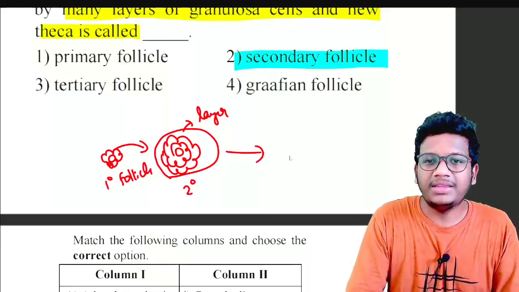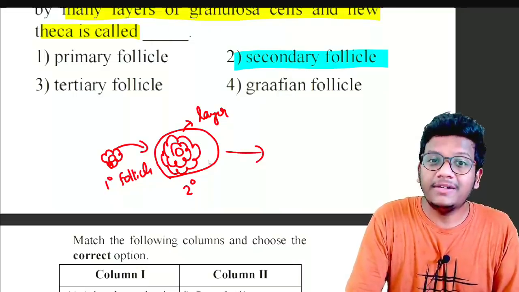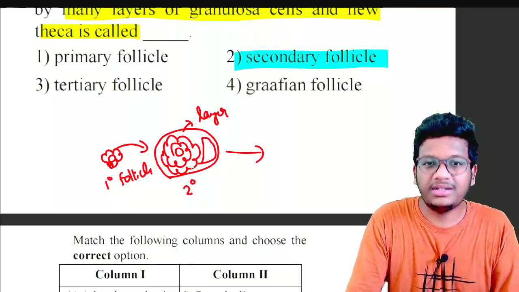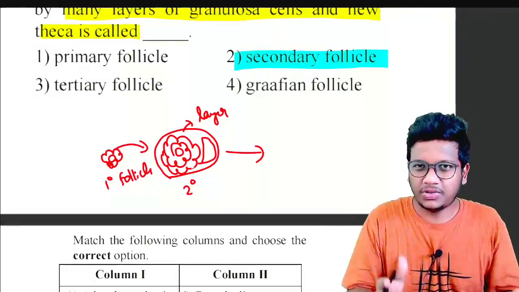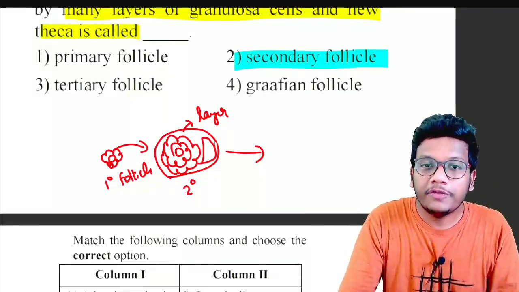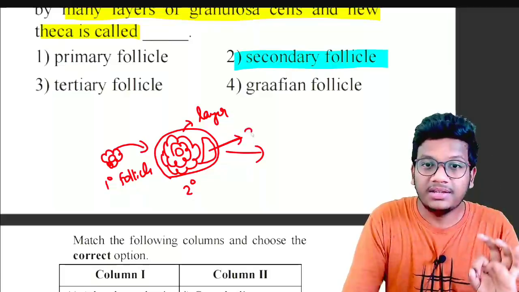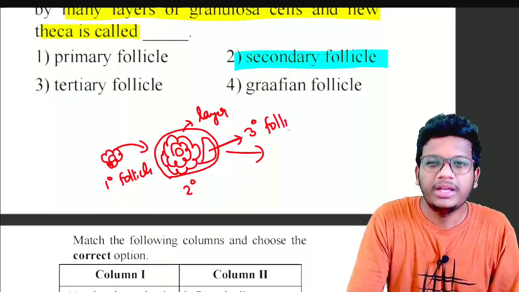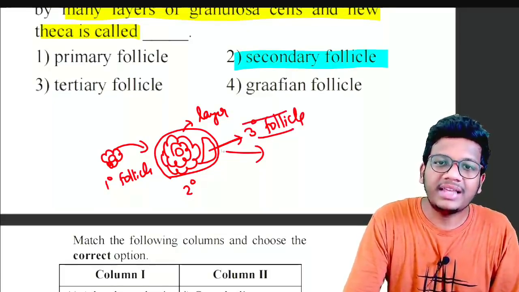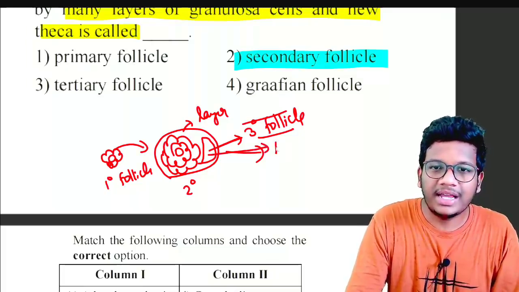Further, in the same follicle, if a fluid filled antrum develops with a few more layers of granulosa cells, this is called your tertiary follicle. The additional cavity is called the antrum.